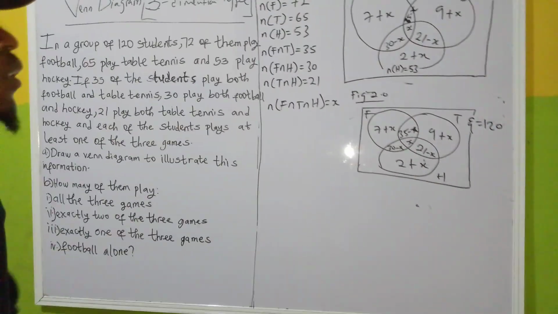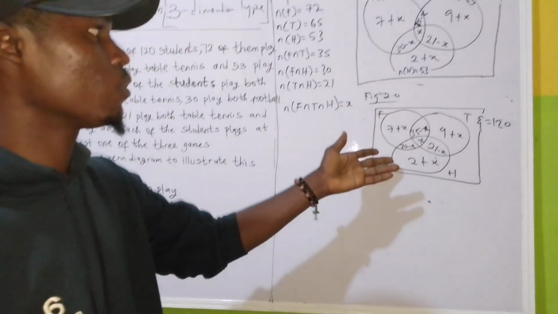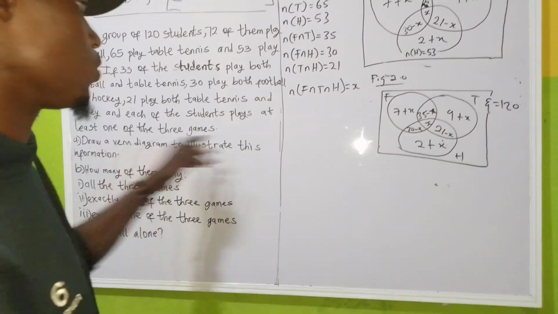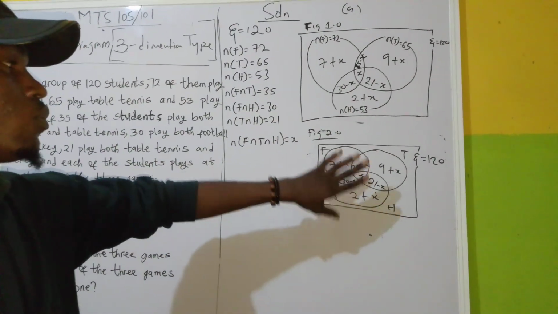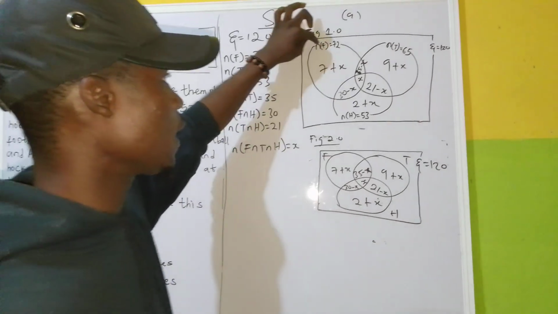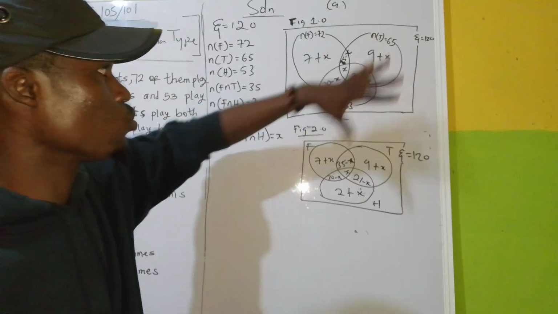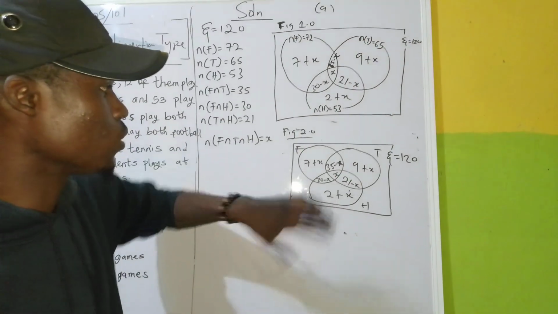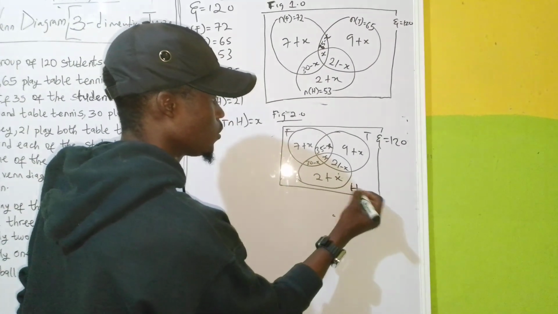So this is the Venn diagram for this question: draw a Venn diagram to illustrate this. You can either use this one or this one. At the end of the day, I cannot clean away this one. It's useless, so we are just putting it there to show how we came about this. That's why I'm putting it there. So this is the Venn diagram for the sets.